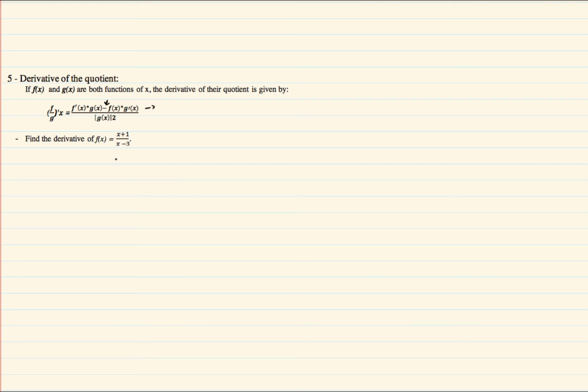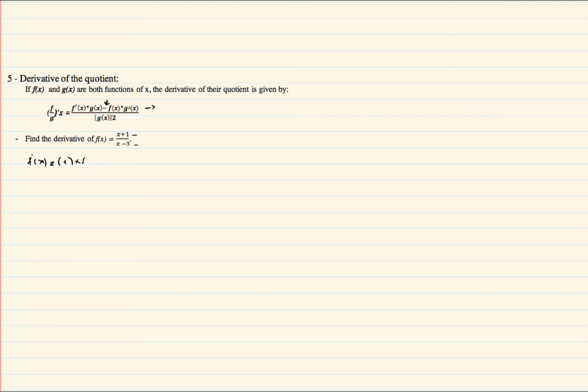So let us see this example. Derivative of a function f of x is equal to (x plus 1) over (x minus 3). So numerator, denominator. So what we do according to the rule is f dash of x is equal to derivative of the first one, which is x plus 1. Its derivative is 1. Derivative of x is 1. Derivative of 1 is 0.